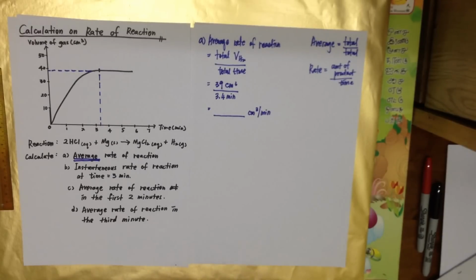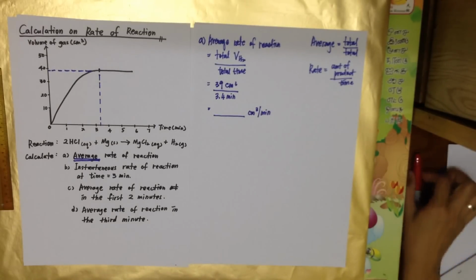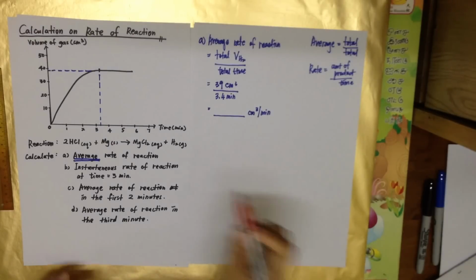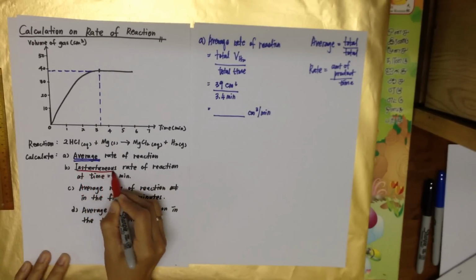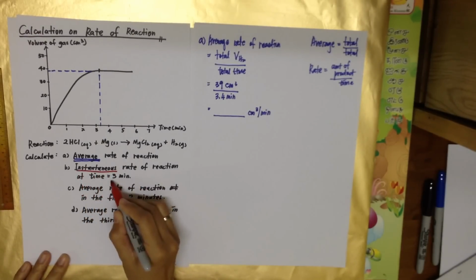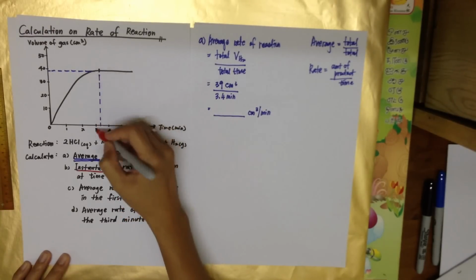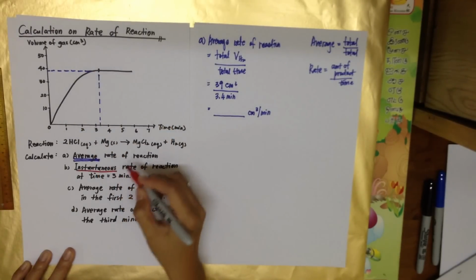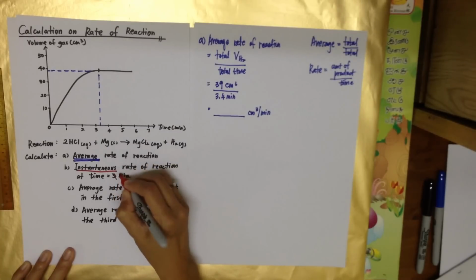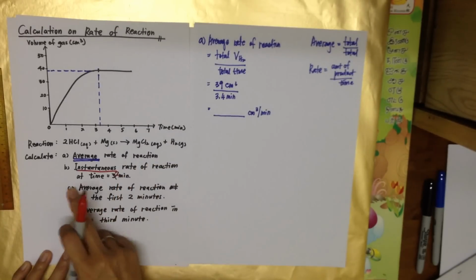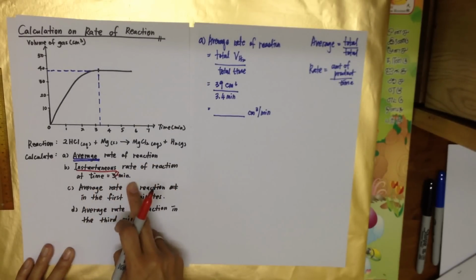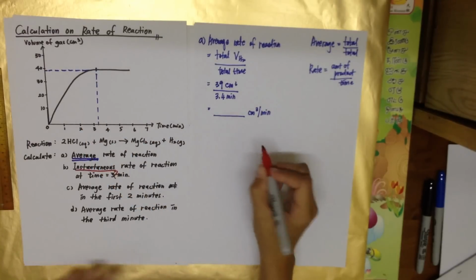Now we go on to the second question, in which we are asked to calculate the instantaneous rate of reaction at time equals to 3 minutes. 3 minutes is not a good way to represent. We will change it to 2 minutes, for example. So the instantaneous rate of reaction at time equals to 2 minutes, that means it is here.